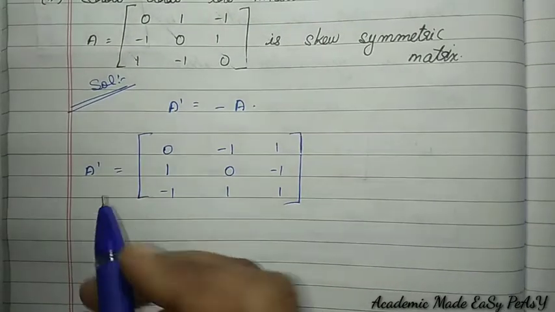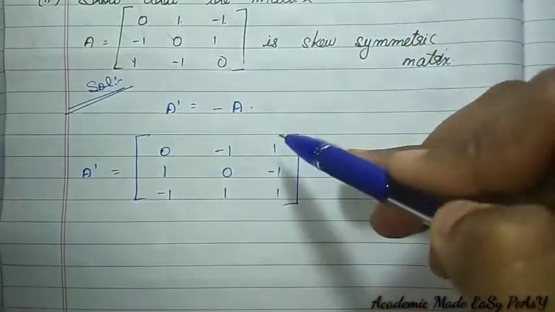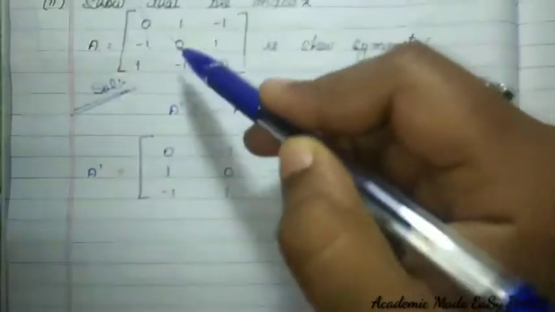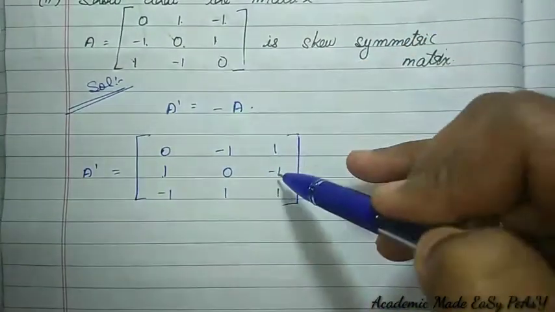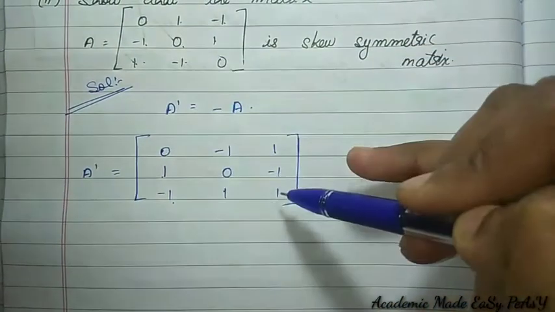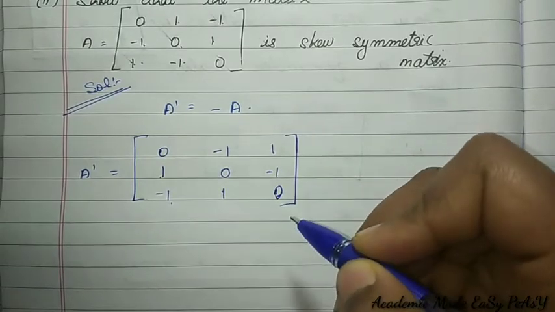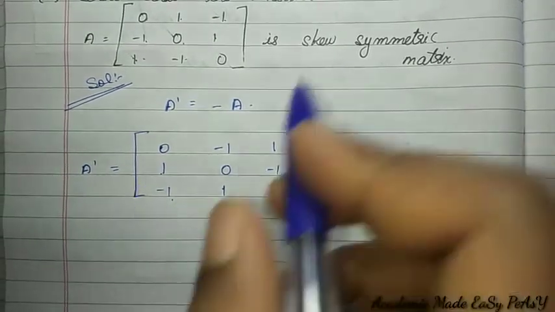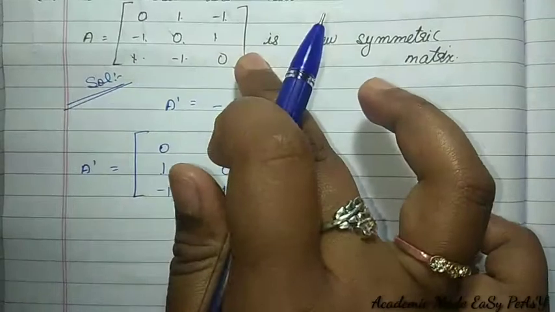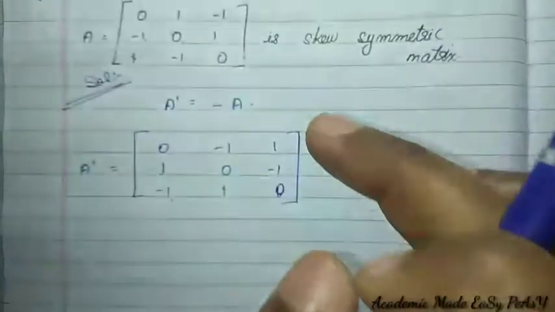So now if I check here, see 0, 0, 1, minus 1, minus 1, plus 1, minus 1, plus 1, 0, 0, plus 1, minus 1, minus 1, minus 1, plus 1, plus 1, minus 1, 0. Sorry, this should be 0. So now wherever I have negative, I have positive, and wherever I have positive, I have negative.